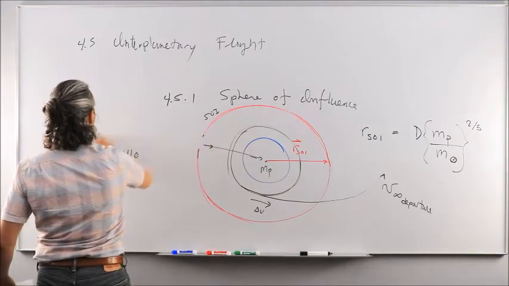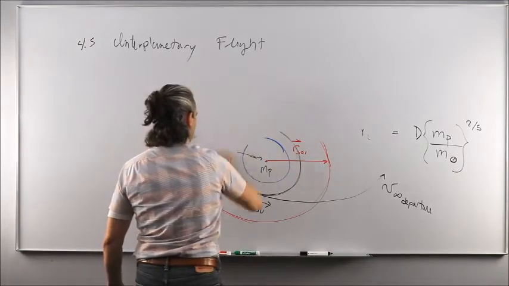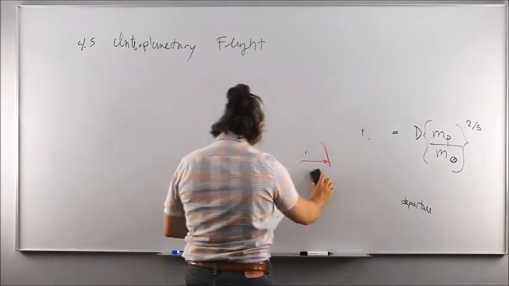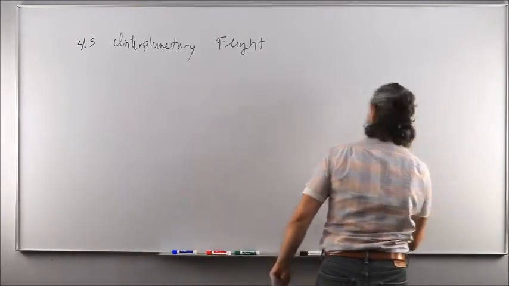So let's have a look at the different steps involved in doing that kind of analysis. And that will be in section 4.5.2, which is the patched conic method itself.